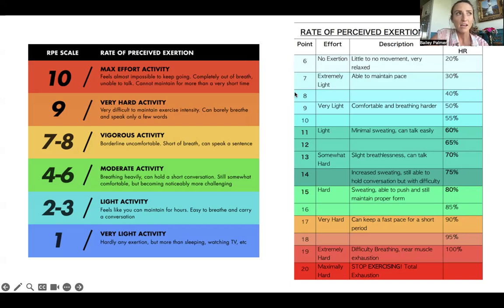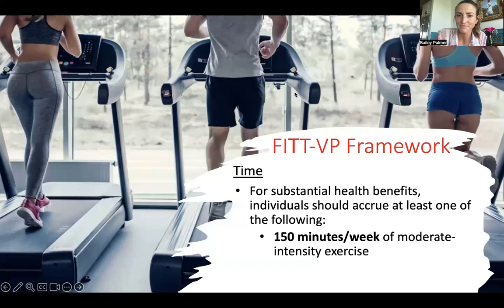If I'm able to get out several words to create a fragmented sentence or to get a point across, that's probably moderate intensity. And if I'm exercising to where I'm completely breathless and I can only say one word at a time, then I'm exercising at a vigorous intensity. And so that talk test is another really good way for the average person, the lay person, to be able to define what intensity they're exercising at.